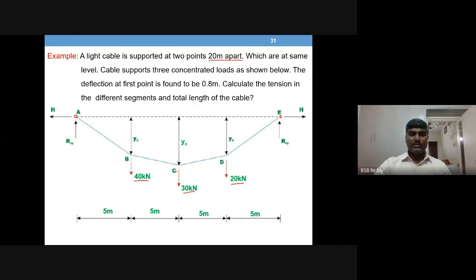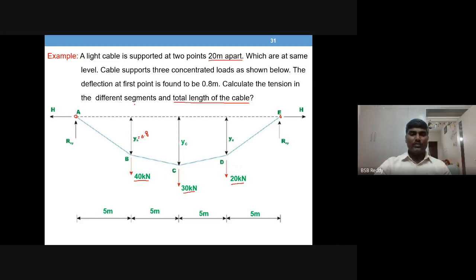The 20 meters is divided equally, 5 meters each, and the loads are applied. The deflection at the first point is found to be 0.8 meters. Calculate the tension in the different segments and the total length of the cable. So this is what you need to solve.